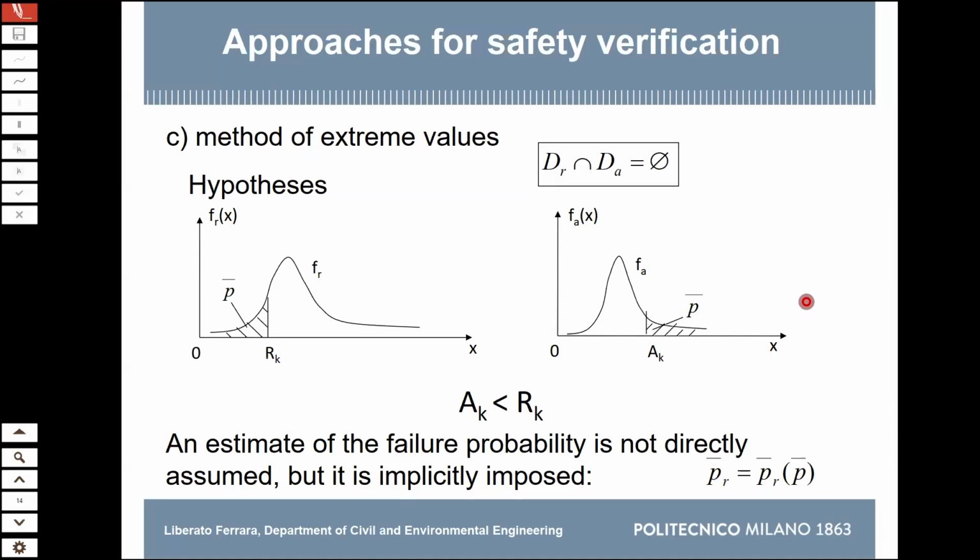And we say, for the action, let us consider a value that we call the characteristic value, that in some way we can state is that value which has 5% probability to be exceeded. It is the so-called upper 5% percentile or upper 5% fractile of the distribution.